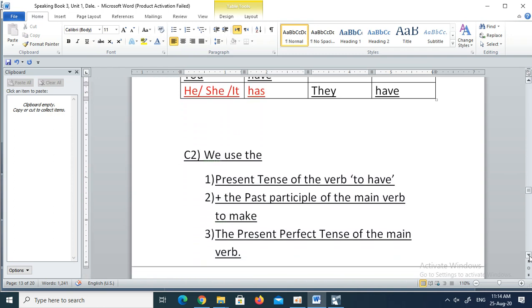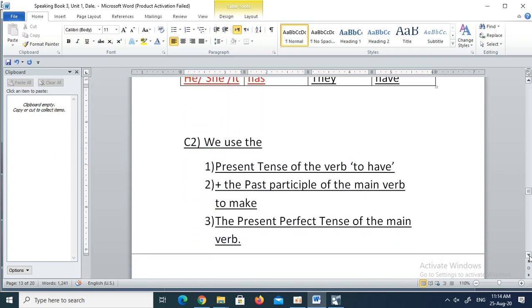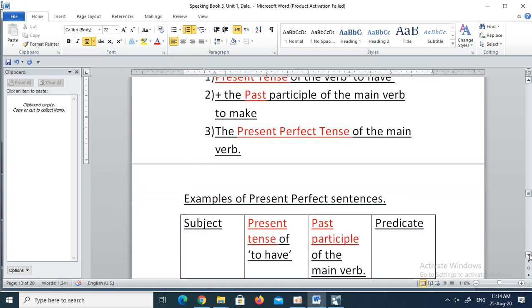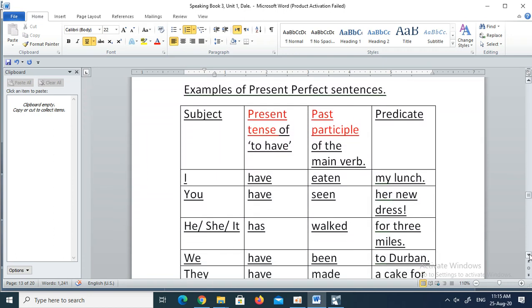Okay, we use the present tense of the verb to have and the past participle of the main verb to make the present perfect tense of the main verb. So this is how you use have as an auxiliary verb. Let us show you how.